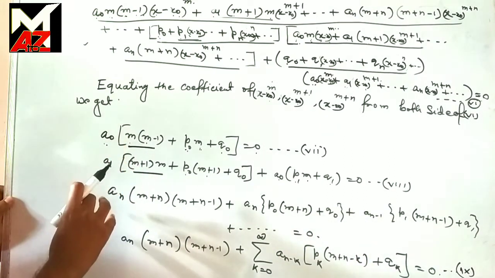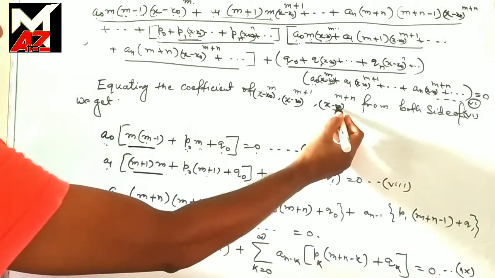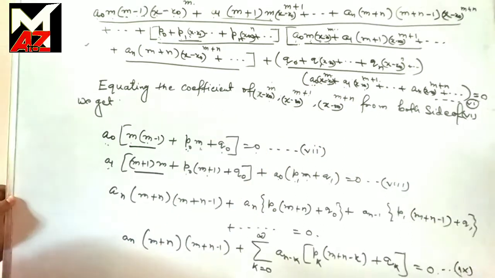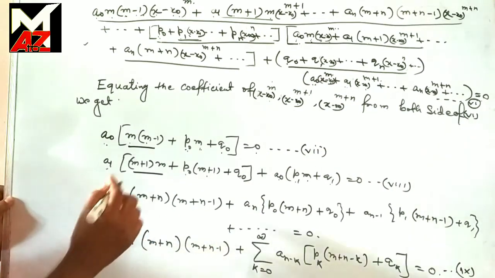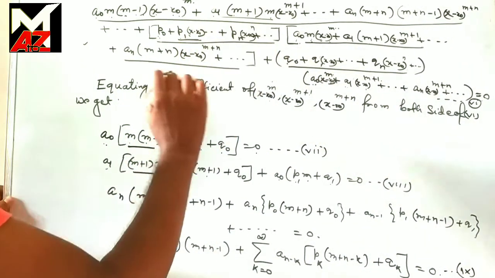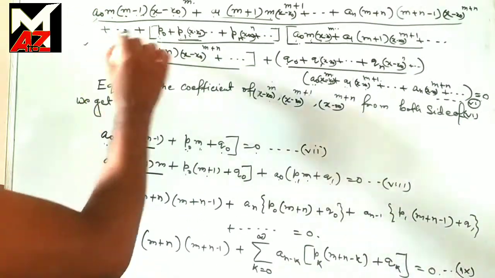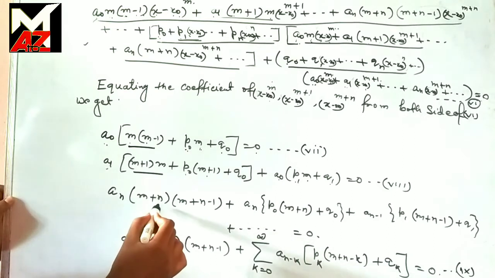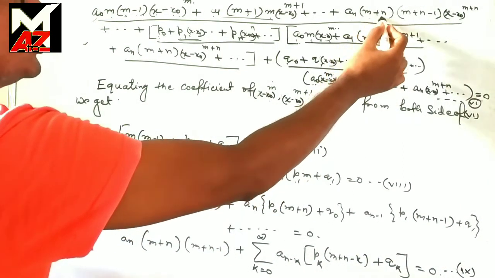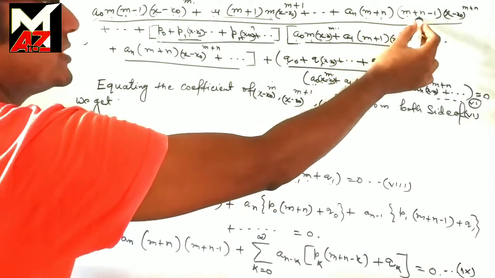Similarly, we consider the coefficient of (x minus x0) to the power m plus n. Here from the first term we get the coefficient (m plus n) into (m plus n minus 1).